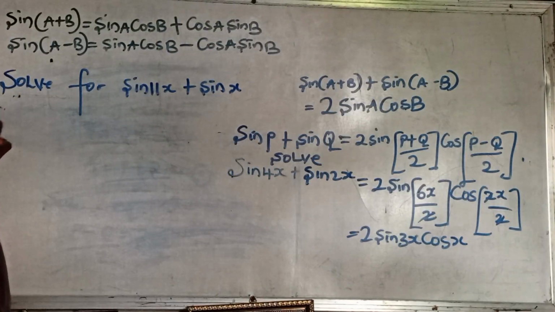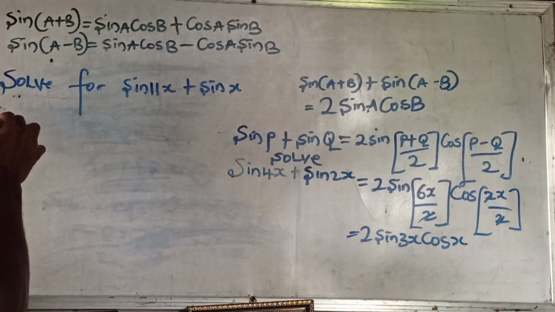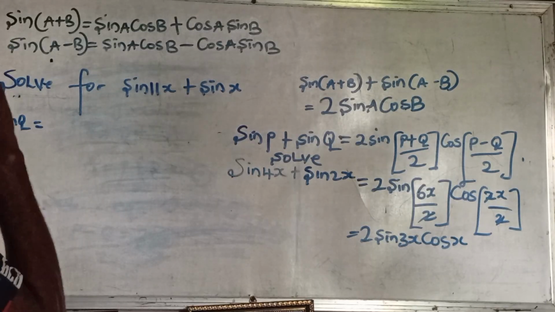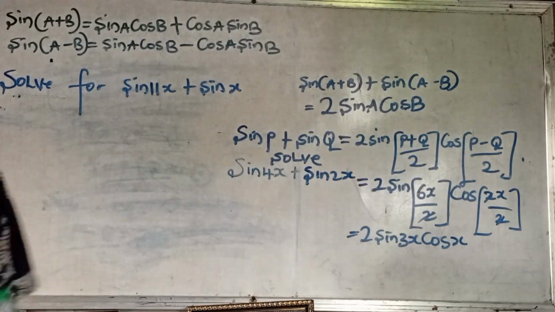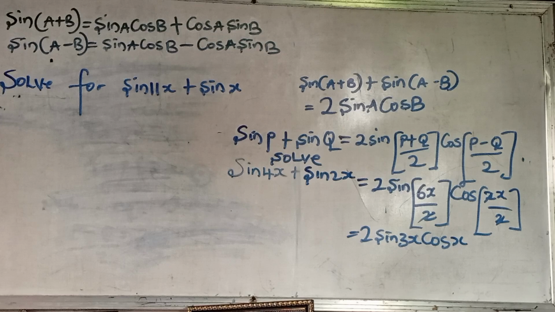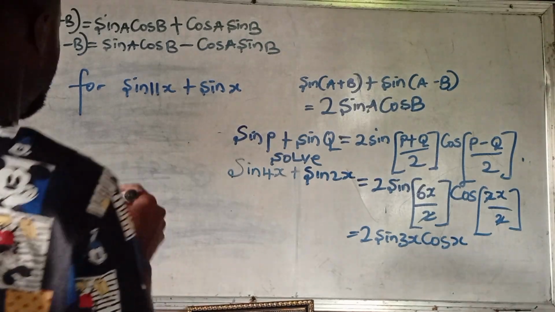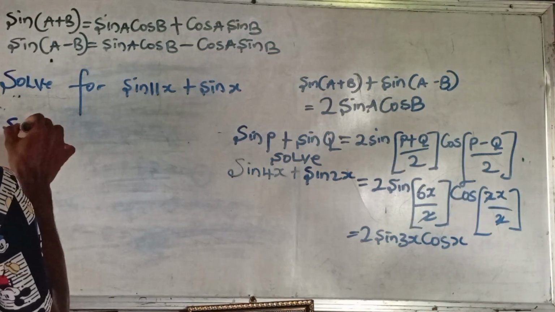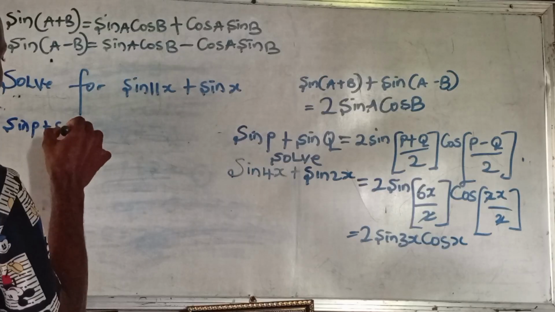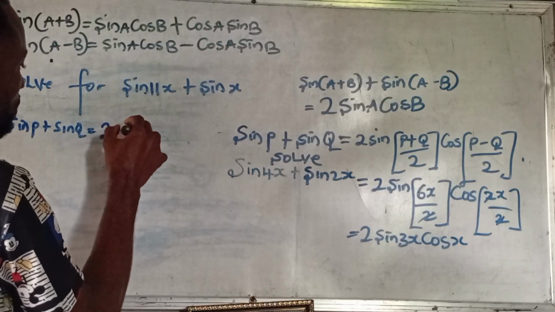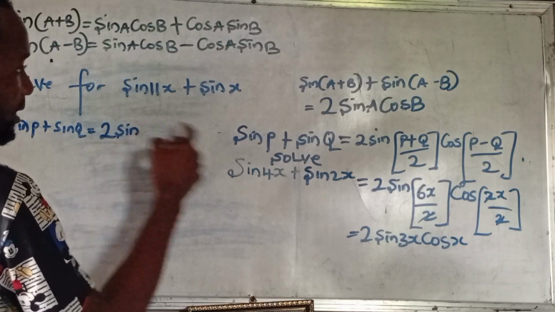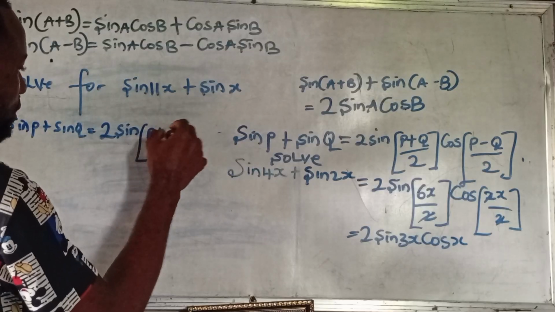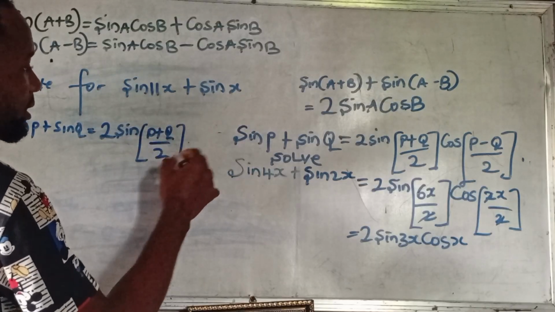So sine P plus sine Q is equal to 2 sine of P plus Q, you continue because you know the formula already.